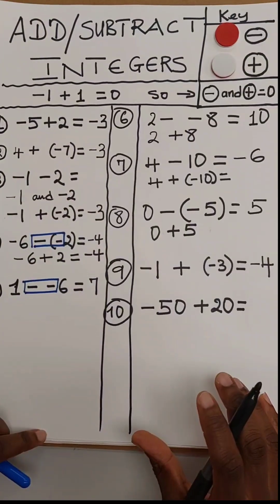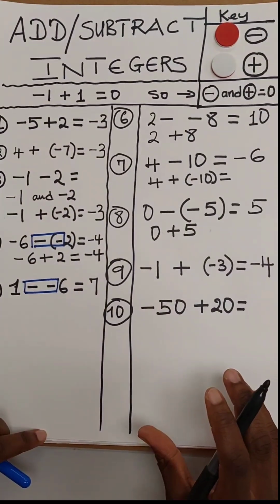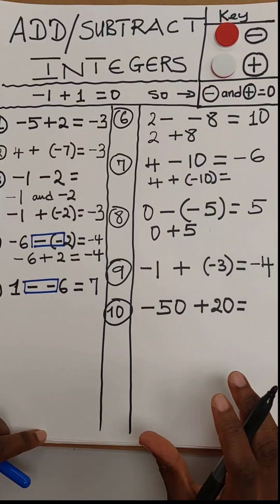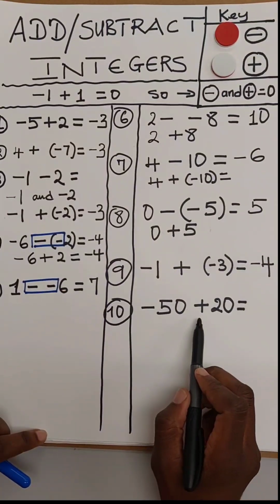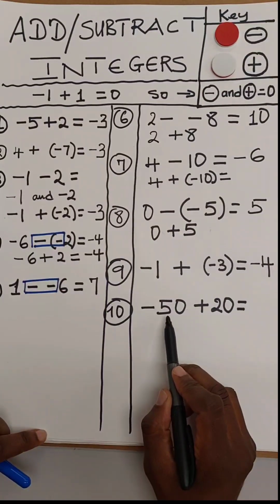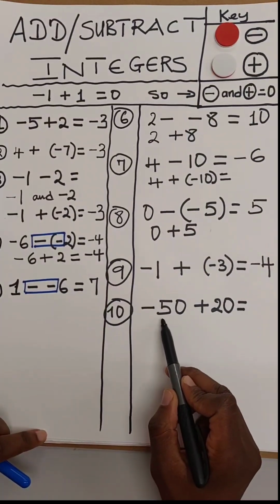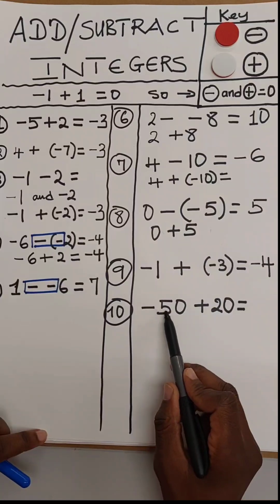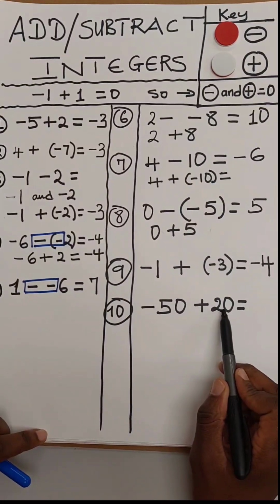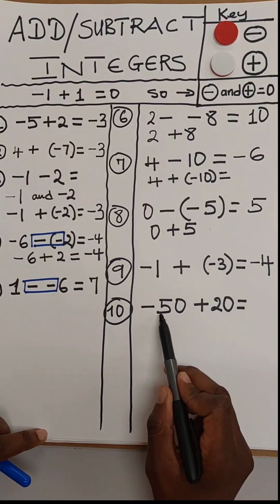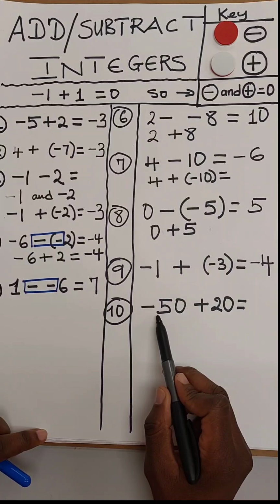Okay. By this time, you should be able to notice or build a rule to tell you that in an integer problem, you can tell if there are more negatives or more positives. So we are not going to use chips for number 10. We see negative 50 and we see positive 20. Now this tells us that if we were putting out chips, then negative 50 means we have 50 red chips.